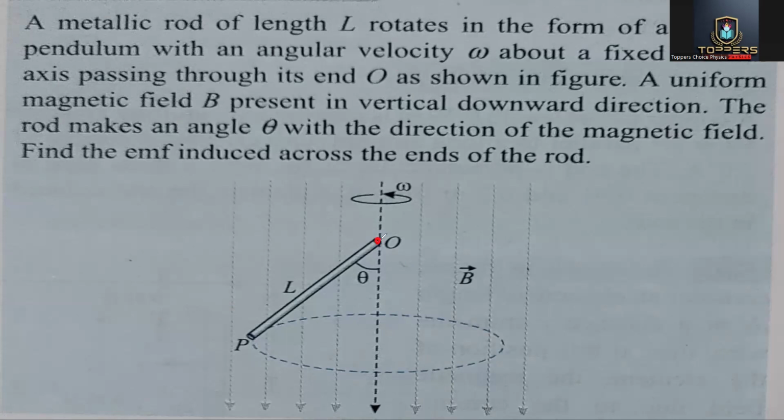The rod is fixed at this point, and its P terminal is free to rotate in this particular magnetic field. So how much EMF will be induced? Find the induced EMF across the ends of the rod. Especially they are talking about the induced EMF produced across P and Q.